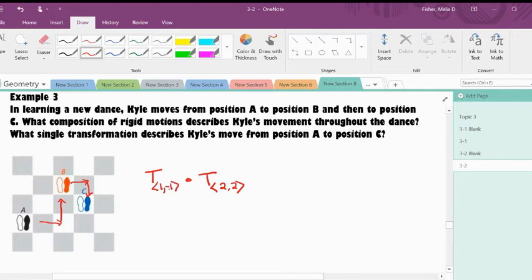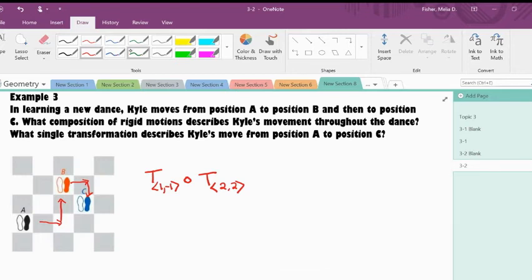So the translation of 1, -1 happened to, it looks like a closed circle. I don't want that to be multiplication, so it needs to be an open circle. The translation of 2, 2. That is the movements. So go ahead and think about that, and so this is how he did the dance.